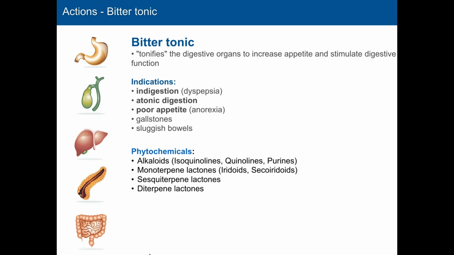Bile, which is also released by digestive bitters, does have a slight irritating effect on the intestinal tract, and that helps to promote peristalsis and get the bowels working. So it's not uncommon when people have poor digestive function, they often have sluggish bowels that go along with it.